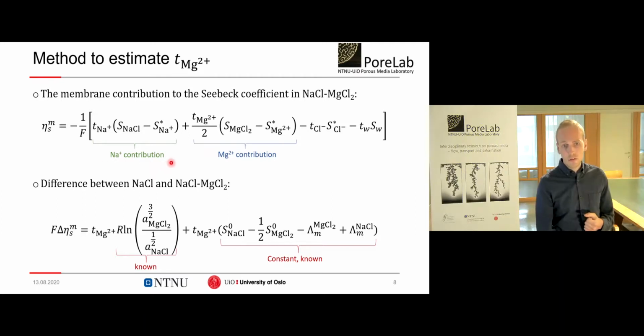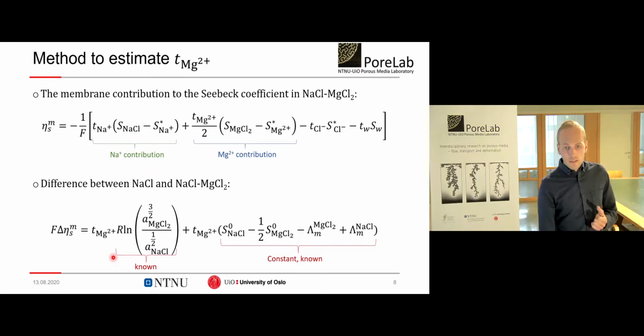And the first term here is the sodium contribution, and then we have the contribution from magnesium, and then the contribution from chloride and water. If we now take the difference between the pure sodium chloride system and the binary system, we can formulate the difference as this.